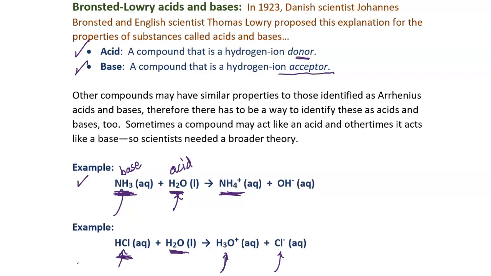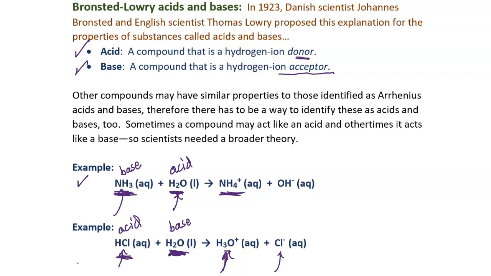We can see that it makes H3O positive. That has one more hydrogen than H2O. So HCl is functioning as an acid. It's able to donate a hydrogen to the other reactant. And H2O is accepting that hydrogen, so it is a base according to the Bronsted-Lowry definition.